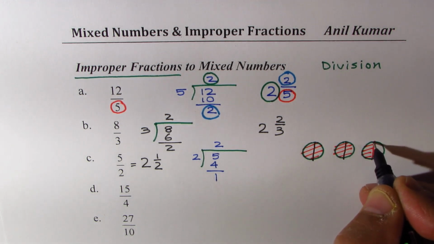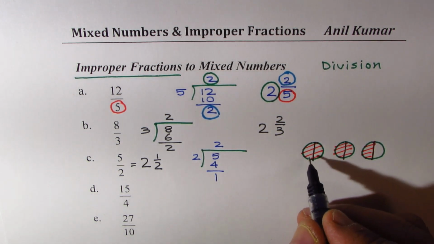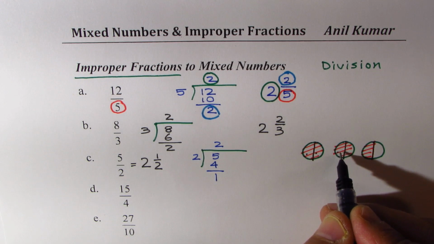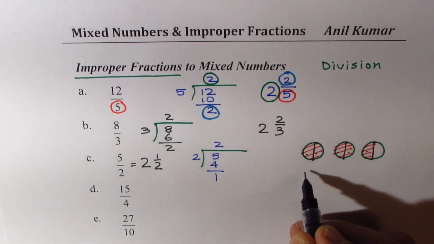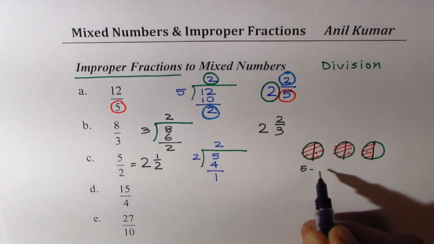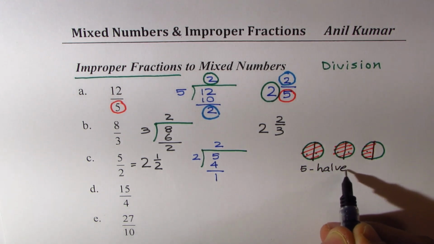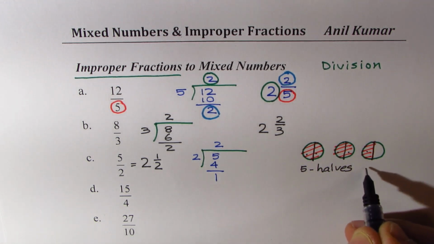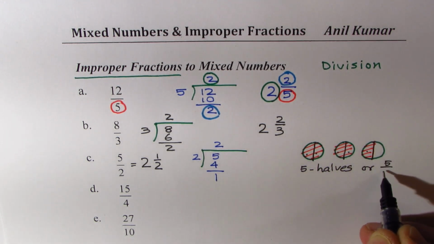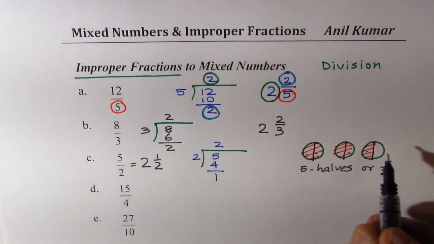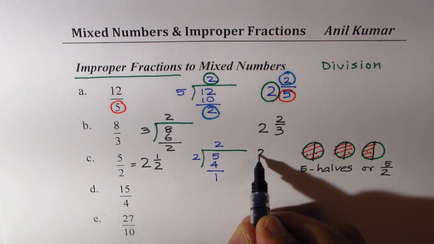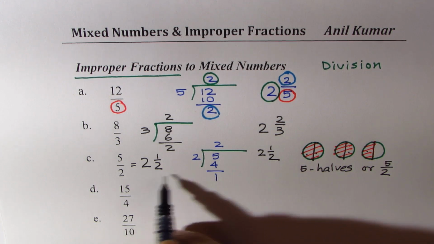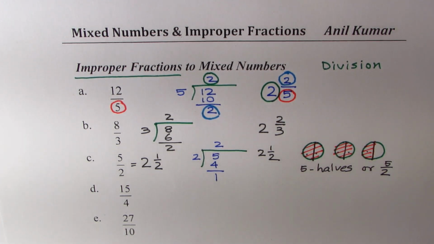Each part is divided into half. We have 1 half, 2 half, 3 half, 4 half, 5 halves. So we could write this as 5 halves. Or 5 out of 2. Does it make sense to you? Or 2 wholes and a half. So all these terms are same things. So that is how it has to be related.